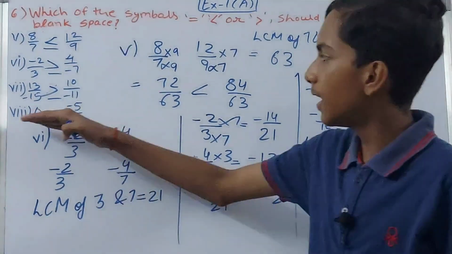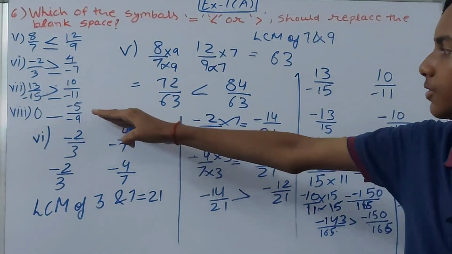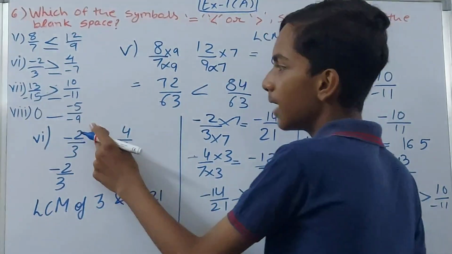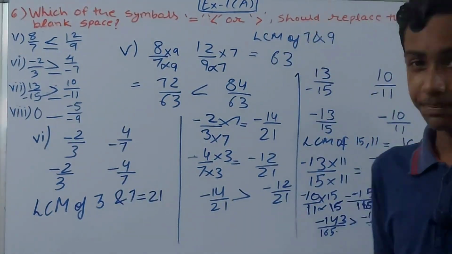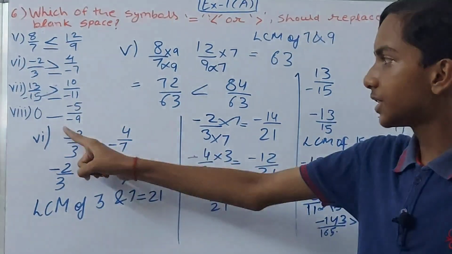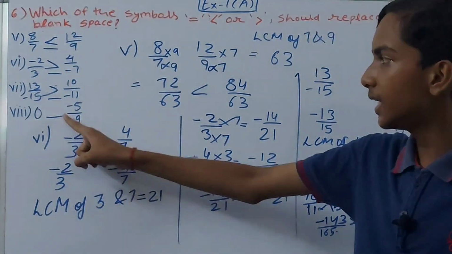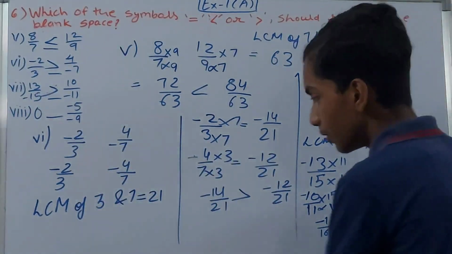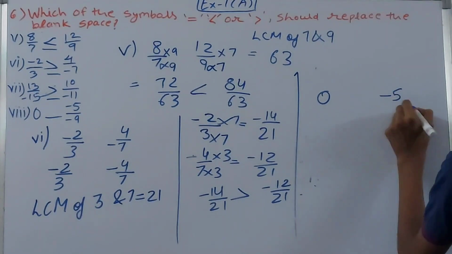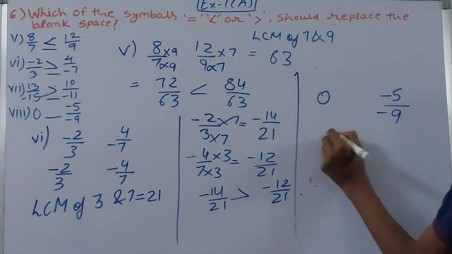Okay, next part, 0 and minus 5 by minus 9. So here also you can see minus 5 by minus 9, it is a fraction, but we will cut the minus signs of the numerator and denominator, minus 5 and minus 9. Okay, so let's see what that gives us. Let me show you here. This will be 0 and minus 5 by minus 9, right? You can do this mentally even.